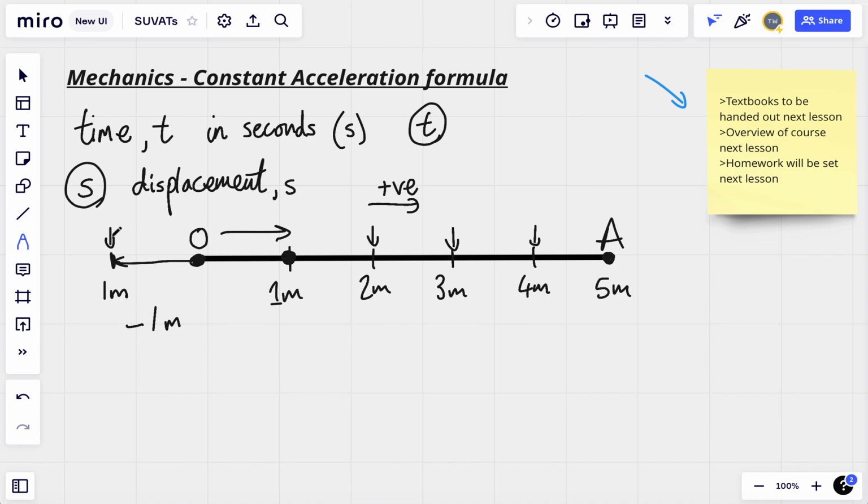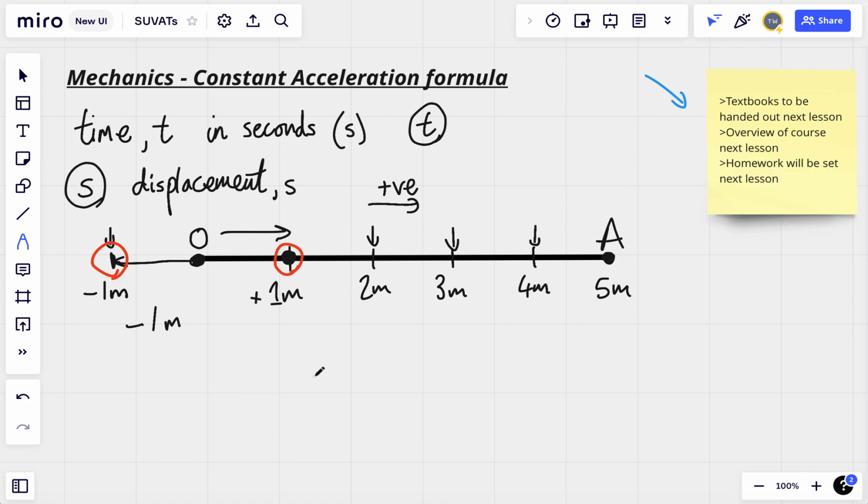The distance of this point here, I'll put them in a different color for you. The distance of these 2 points away from my 0 is the same. So the distance tells us less than the displacement. The displacement at this point is positive 1. The displacement at this point is negative 1. Positive 1, negative 1. Just think of an axis on a graph, okay? And that should help you.